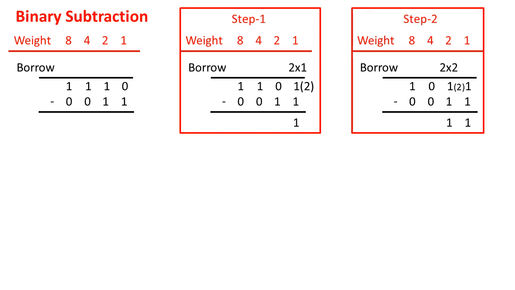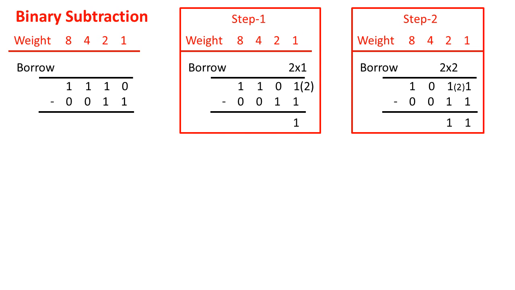Observe, you can see in the next step, as we cannot subtract 0 minus 1 without a borrow, we have to borrow another 1 from the left side column. So you can see in the second step again the 1 is shifted to 0.